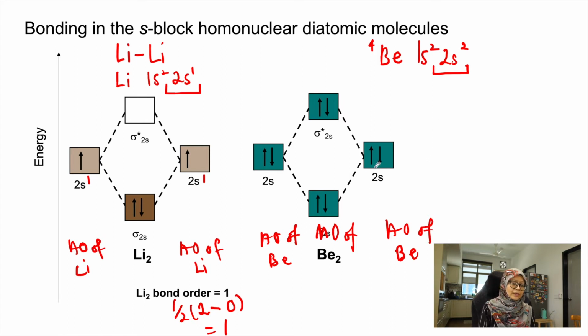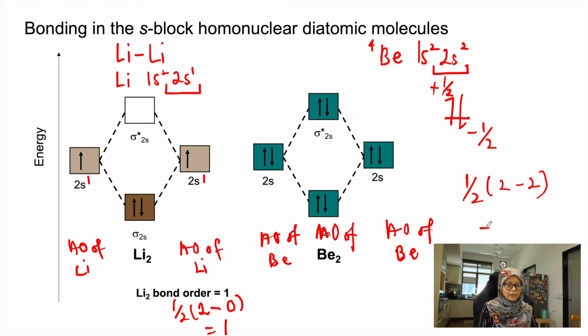From this molecular orbital, we can determine the bond order. The bond order here is half times 2 minus 2, which gives 0. So it means that Be2 does not exist.